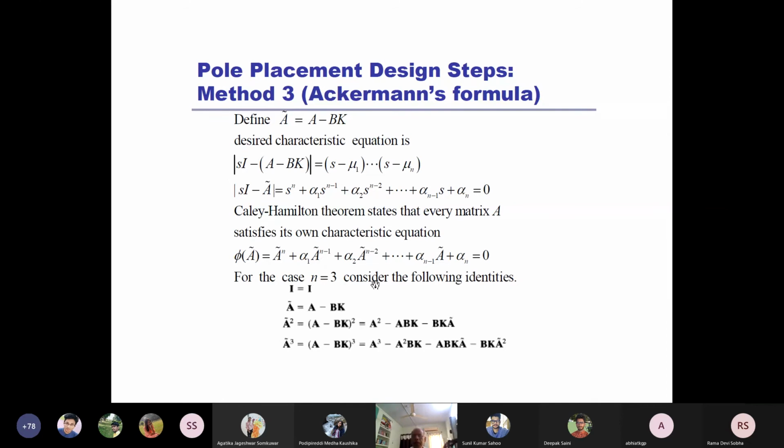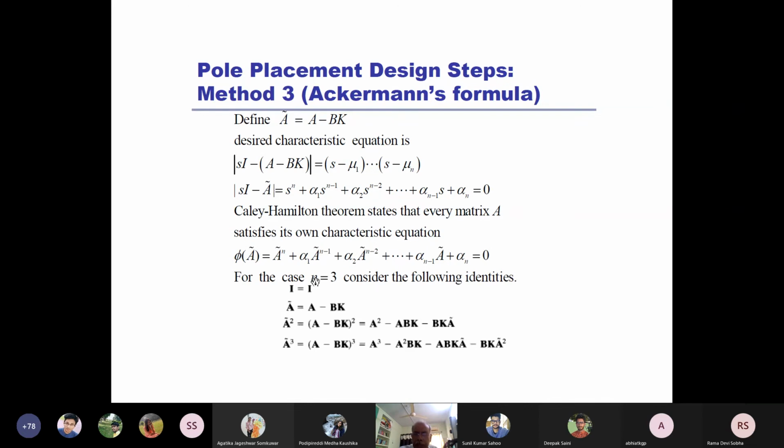Now for the case n equal to 3, to find out Ackermann's formula, we consider n equal to 3, and this can then be generalized. So for n equal to 3, I is equal to I, A hat is equal to A minus BK, and A hat square will be (A minus BK) square. So I will find out A hat.